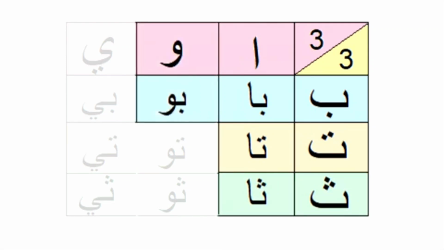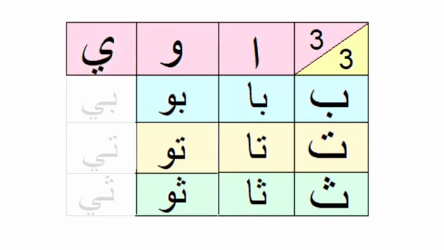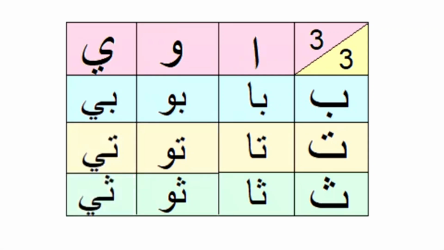Ba with waw is boo. Ta with waw is tu. Tha with waw is thu. And finally, the long vowel ya. Ba and ya is bi. Ta and ya, ti. Tha and ya, thi.